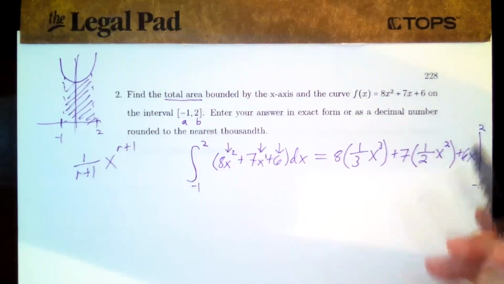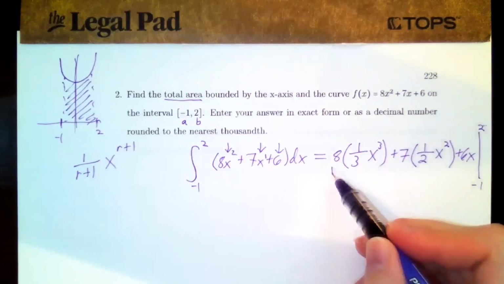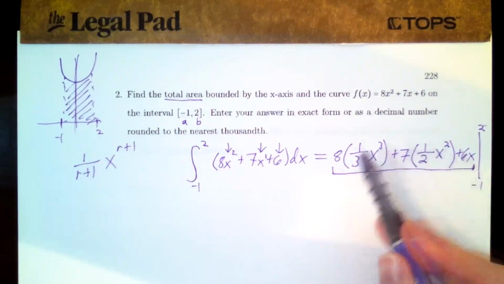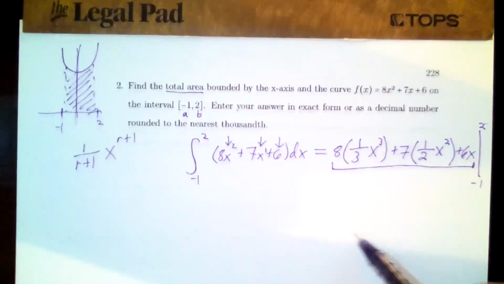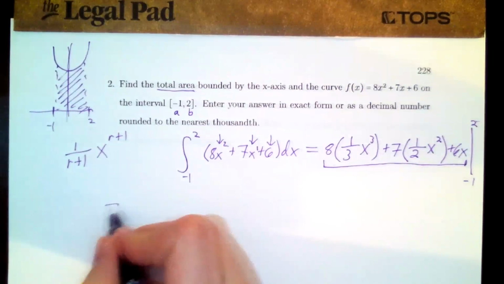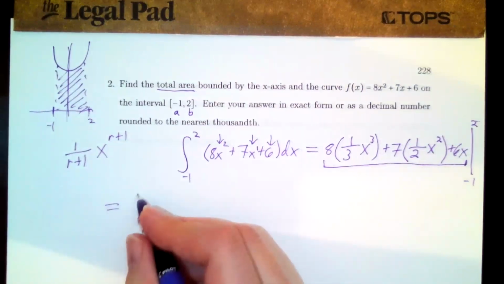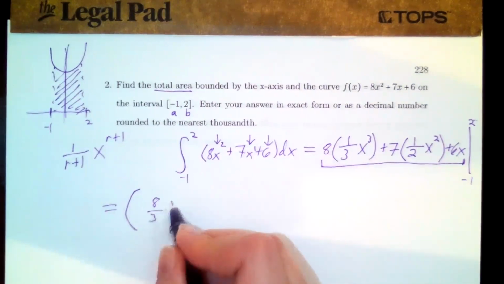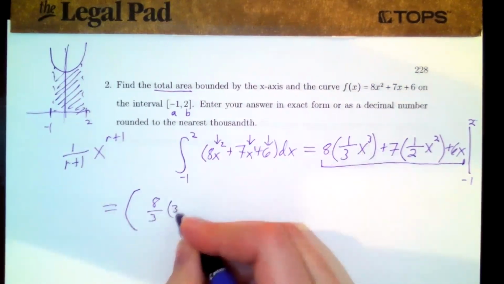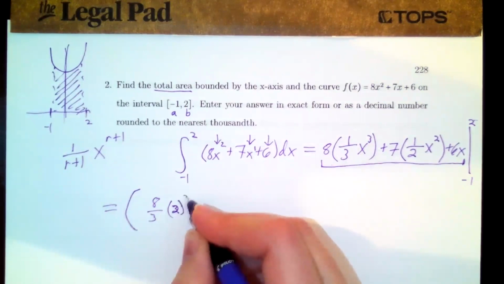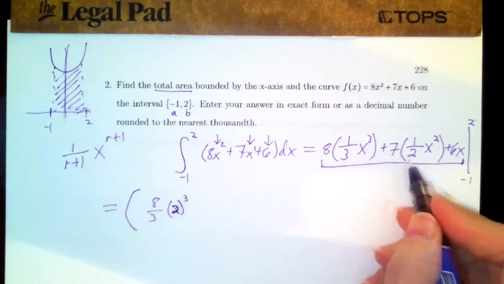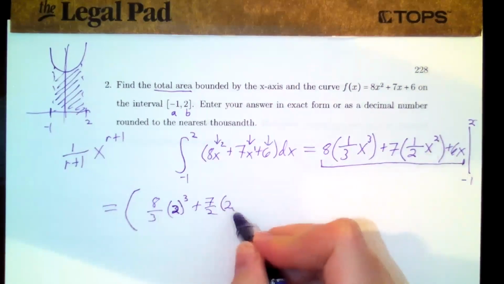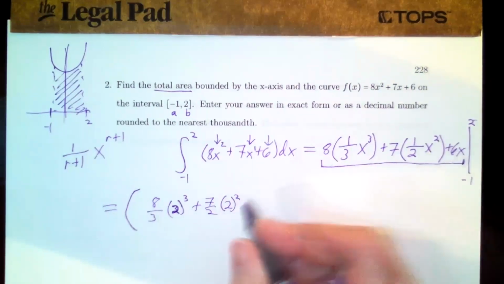So what you're going to do is plug 2 into all of this, punch that out, and then plug -1 into all that, punch that out, and subtract them. Let's plug in 2 first. You have 8 thirds, 2 cubed, plus 7 halves, 2 squared, plus 6 times 2.